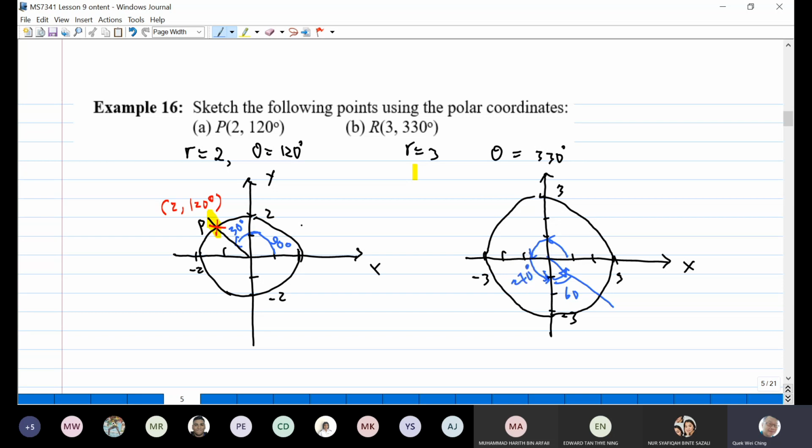Okay, and so the point actually cuts the circle at this point, where they intersect. So this point is actually (3, 330).